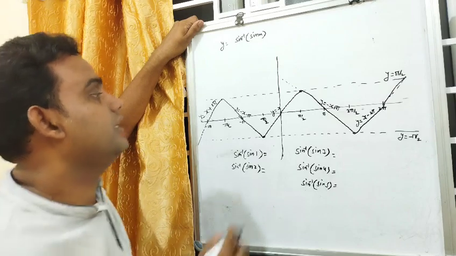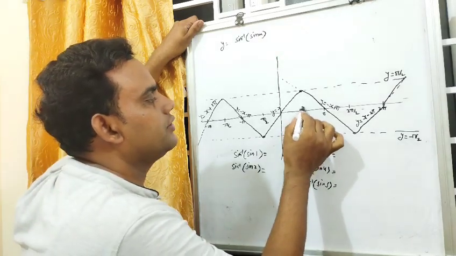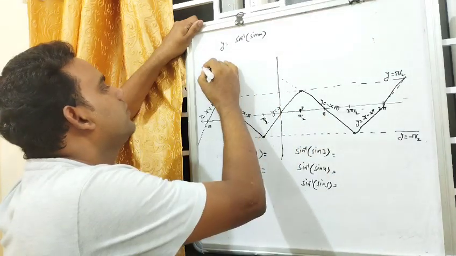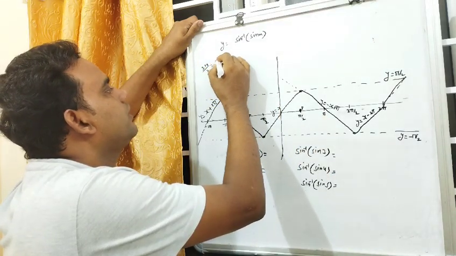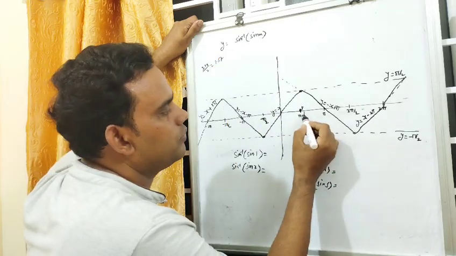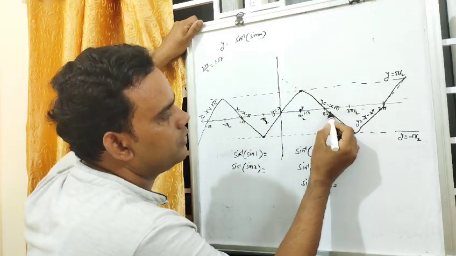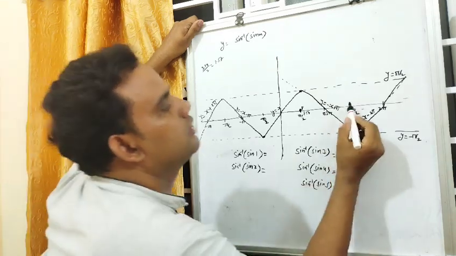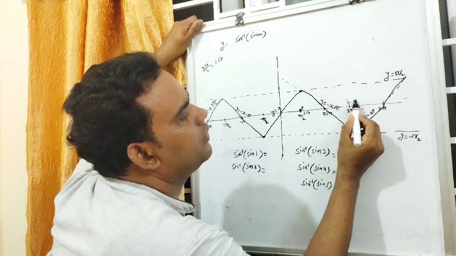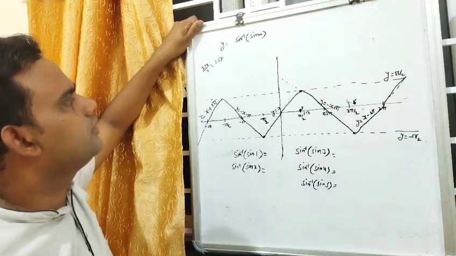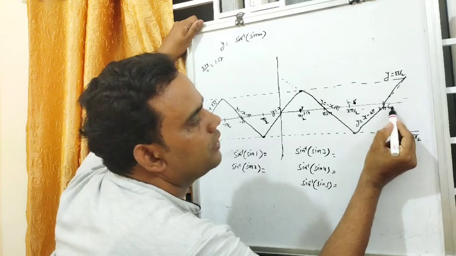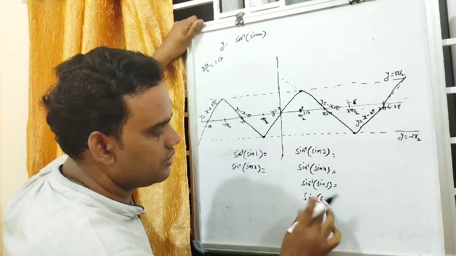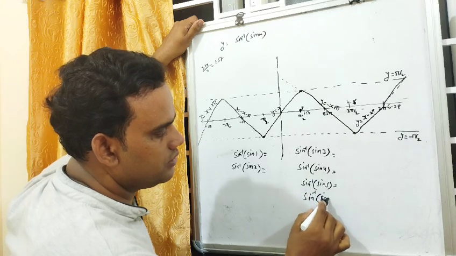Here pi is 3.14, and 3.14 by 2 is 1.57. So this is 1.57, 3.14, and this is 1.57 into 3, 4.71 or something, and this is nothing but 6.28, up to sine inverse of sine 6 radian.